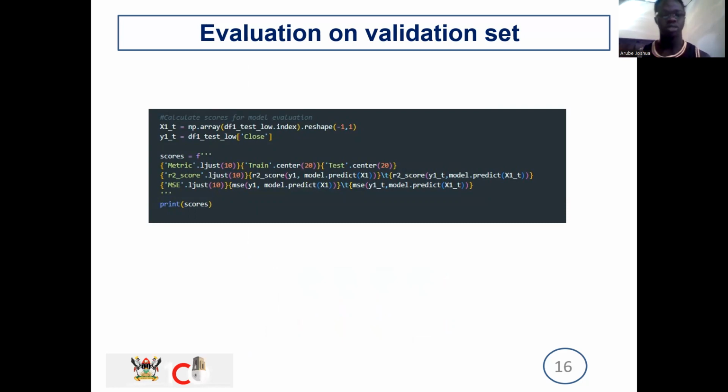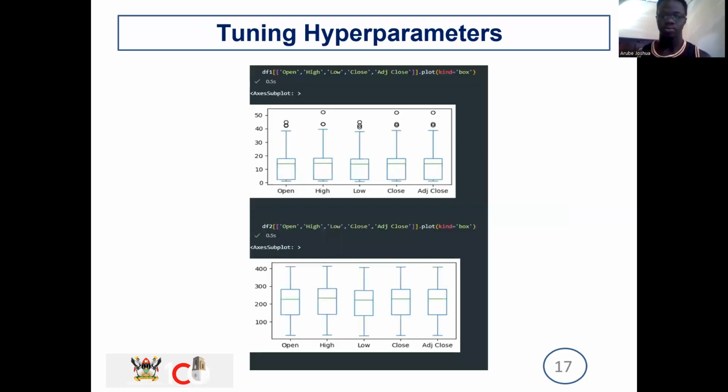Once you have a mean squared error, it starts from 0, there are no negative values, and the more it tends towards 0, the better it is. As for the R-squared score, it's about the same thing, but it's better to have values which range between 0 and 1.